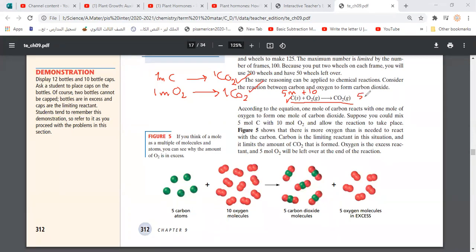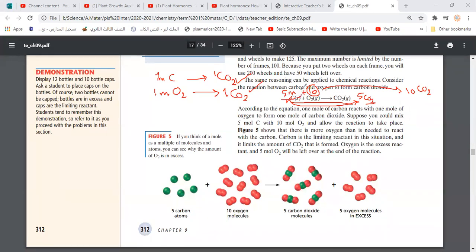Is it clear, guys? And if I have 10 moles of oxygen, they are supposed to produce 10 moles of carbon dioxide.